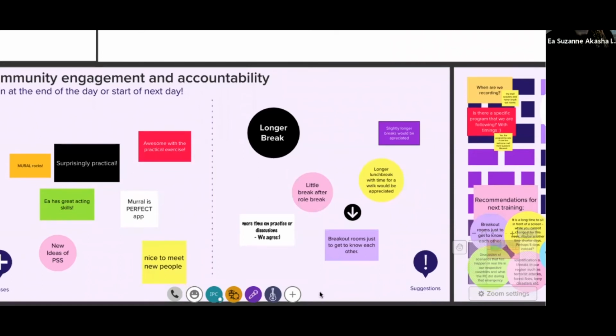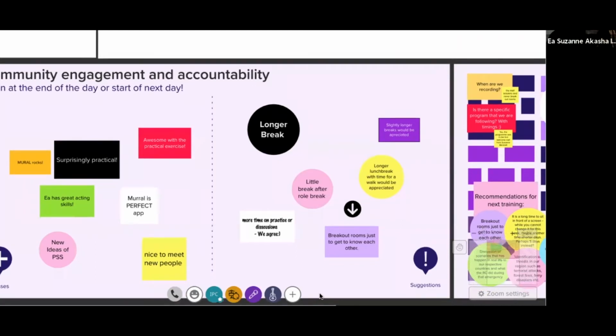So they want longer breaks, for instance. They want a little break after each role play. You can see they really wanted more time. One thing you need to do is constantly adapt. This was done last thing in the evening, so every morning, the other facilitator and I will go over them so that people know that we take any complaint or need seriously.